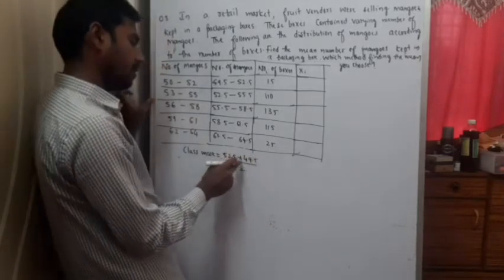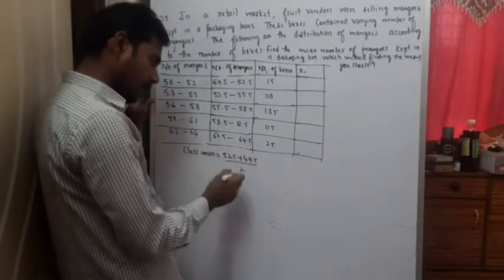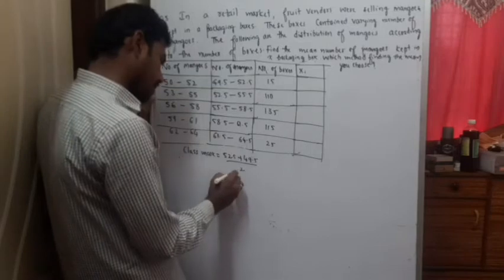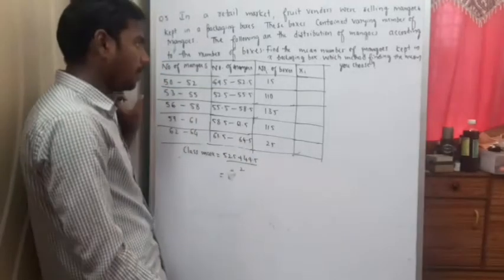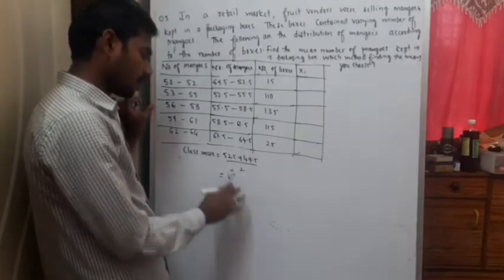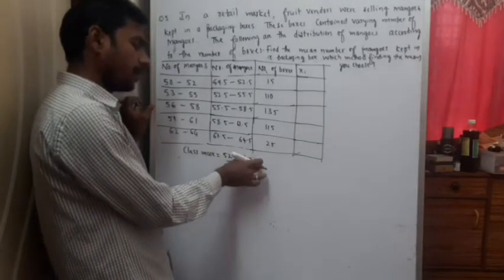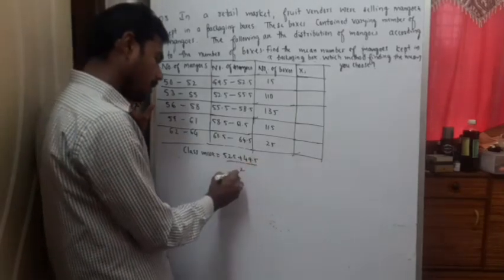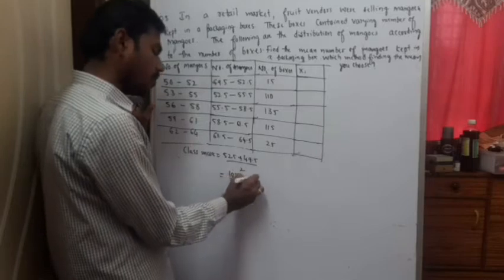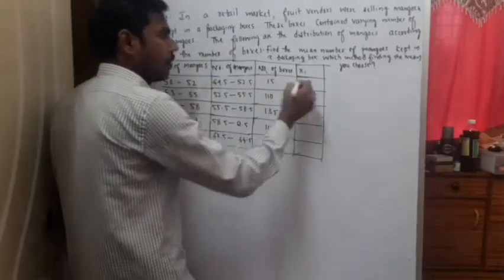Transferring the 0.5, it becomes 50 plus 52, which is 102 divided by 2, which is equal to 51. So this will be 51.